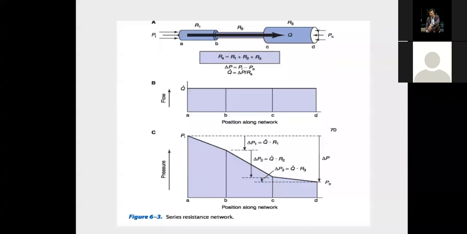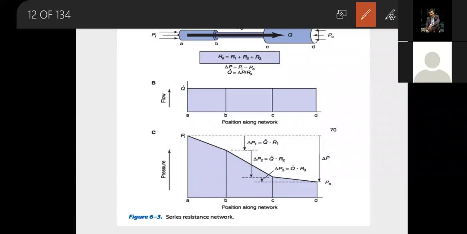If you want to calculate the individual flow for each department, for example, for R1, we will consider the delta pressure for R1. The flow is static, and the resistance is specific for the specific segment.